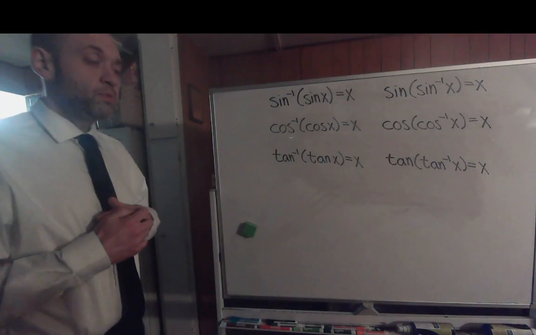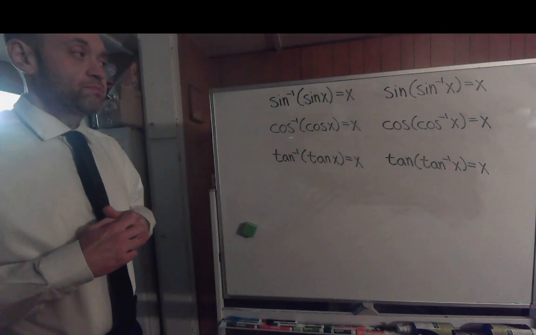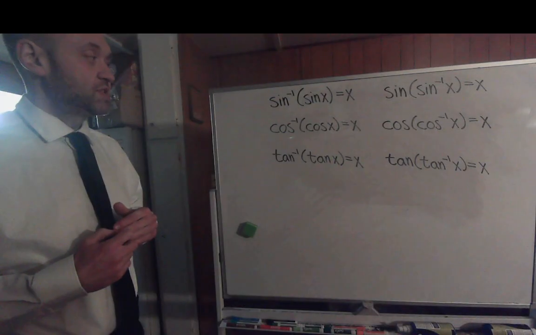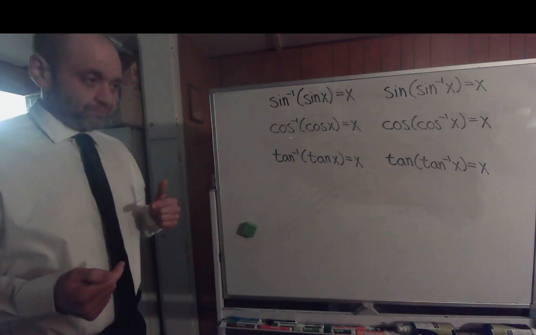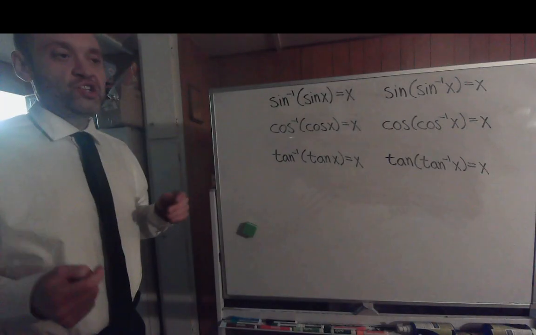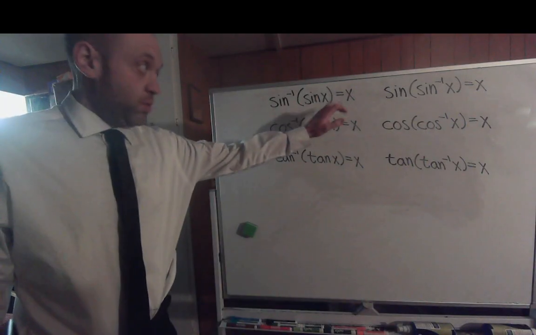So today we are going to start talking about inverse properties of composition of trig functions. As you know, if you take the composition of a function and its inverse function, you should get back what's inside.